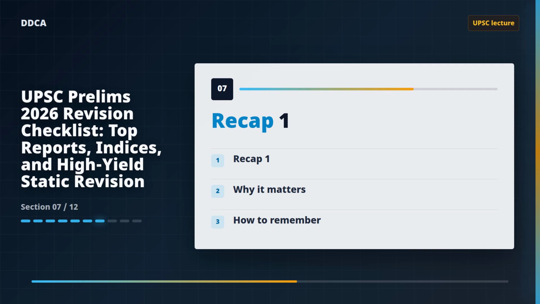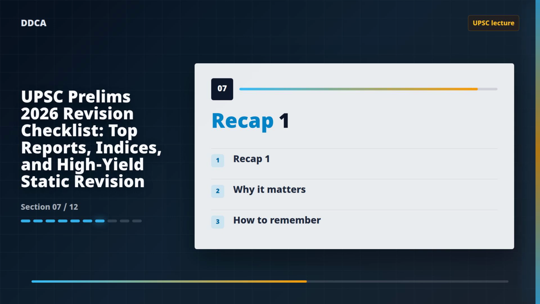Now let us shift to India-specific official reports and surveys, because these are especially useful for competitive exams. The Economic Survey and Union Budget, as already mentioned, are top priorities. In addition, revision should include official sectoral reports and statistics from ministries and statutory bodies.